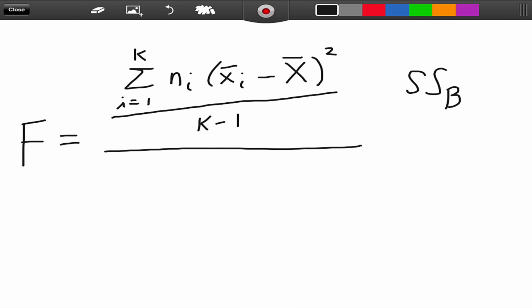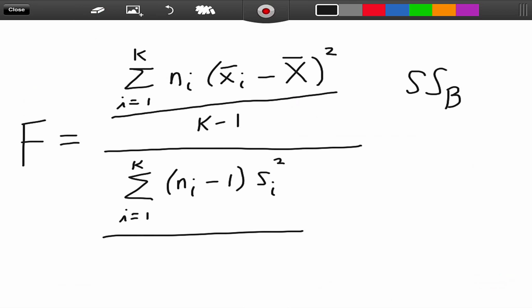I have no idea why that's slanted that way, but it is. The sum of squares within is going to be the sum of n sub i minus 1 times the variance, divided by n minus k.